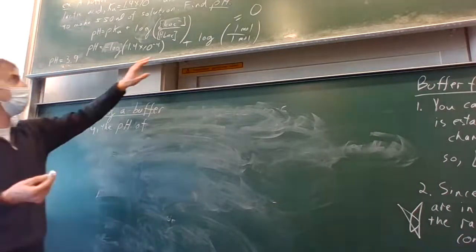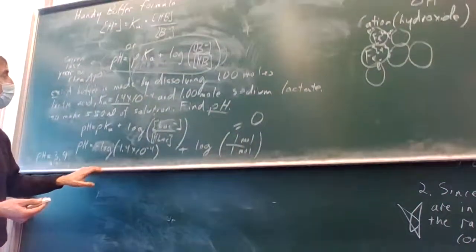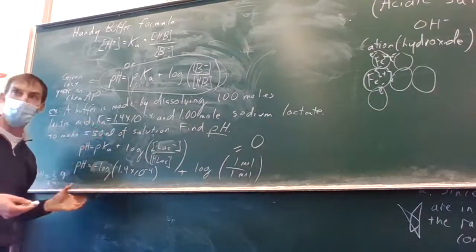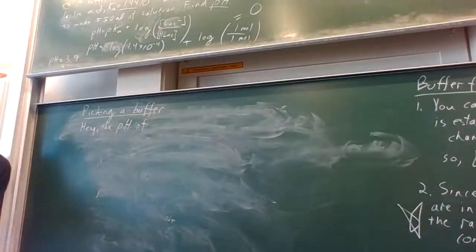If this is 0, it's just the negative log of the Ka, the pKa. That's going to be some sort of question on your AP test, either multiple choice or some part of an FRQ.